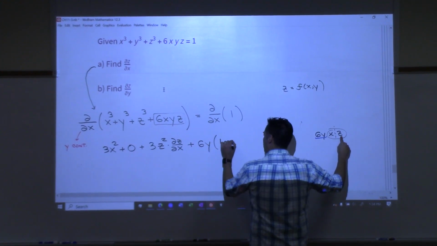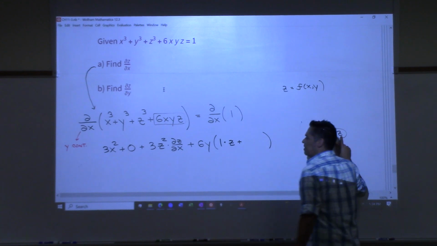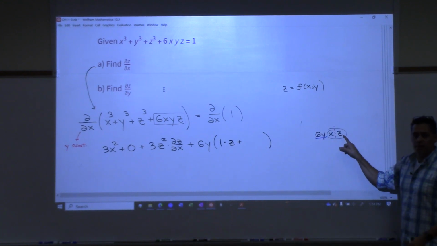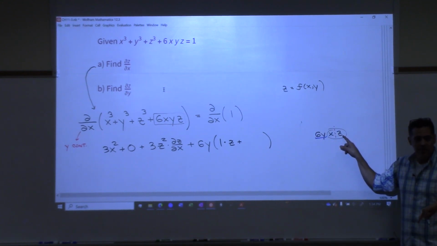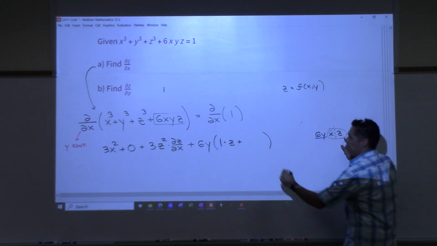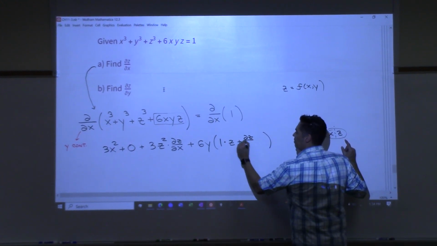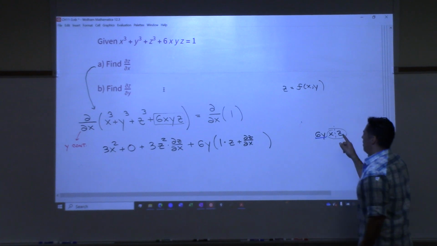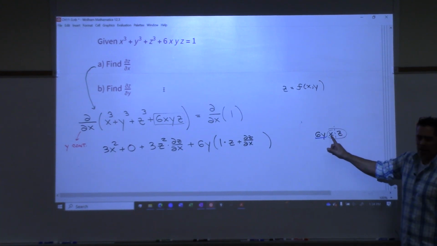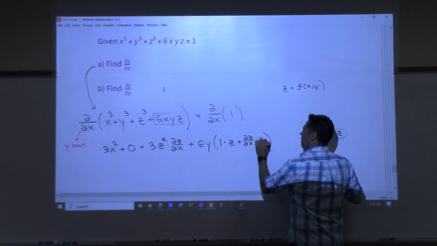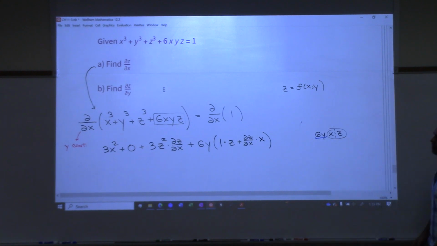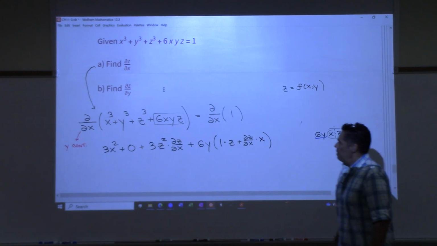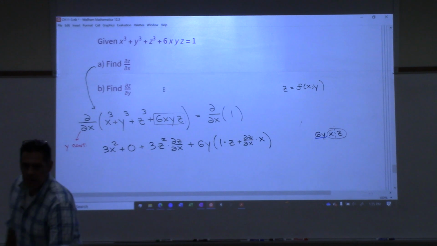Times z, plus now we take the derivative of z with respect to x, right? That's a partial, so that's partial z with respect to x, and then finish off the product rule times x. And then that all equals 0, right?